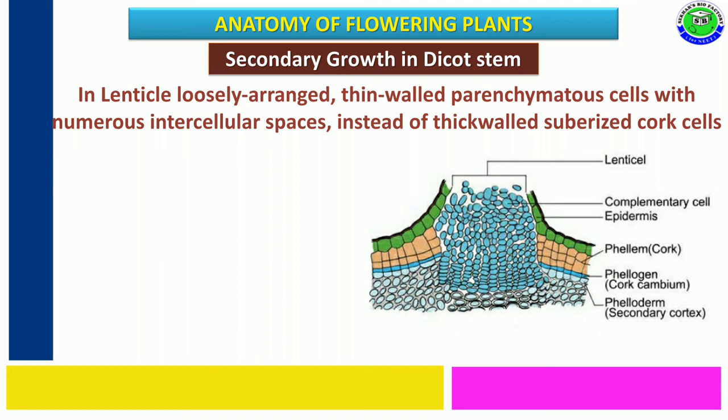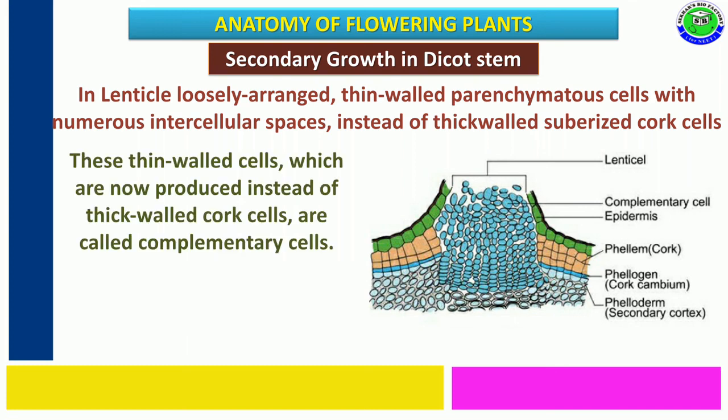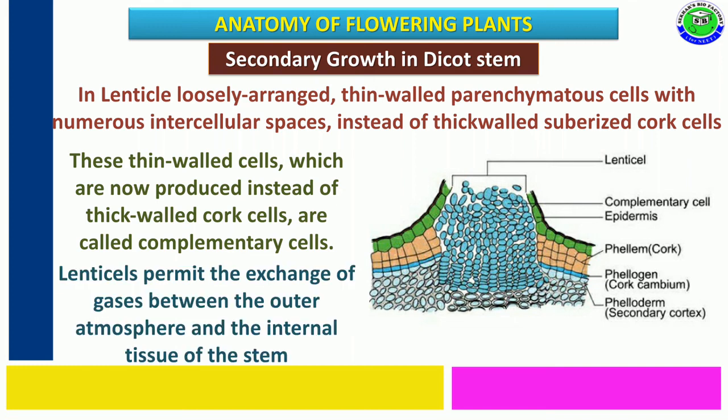Instead of the suberized cork cells, the lenticel consists of thin-walled parenchymatous cells. These thin-walled cells, produced instead of thick-walled cork cells, are referred to as complementary cells. They have thin cell walls and are loosely arranged.